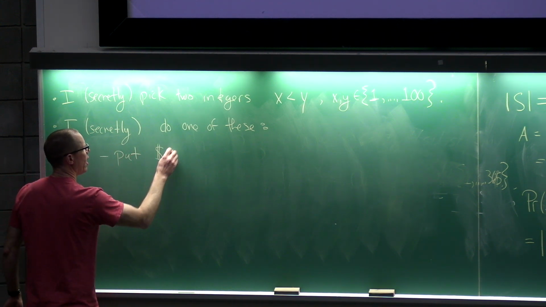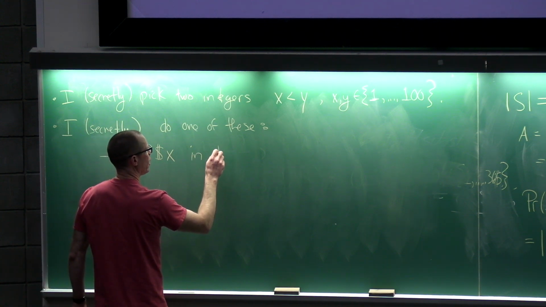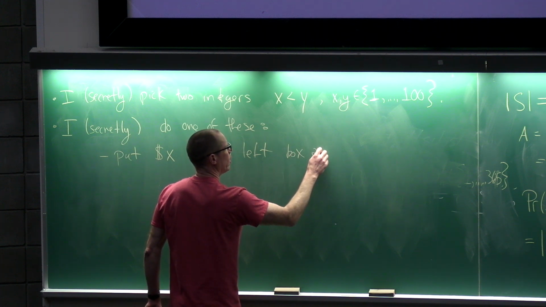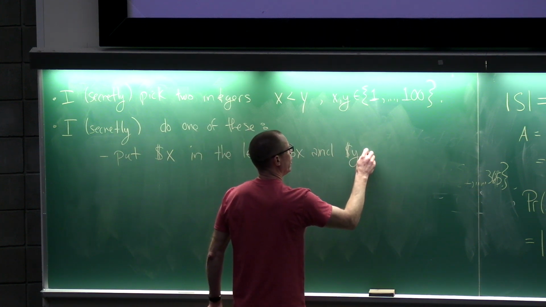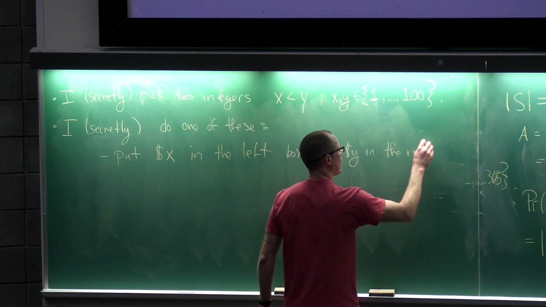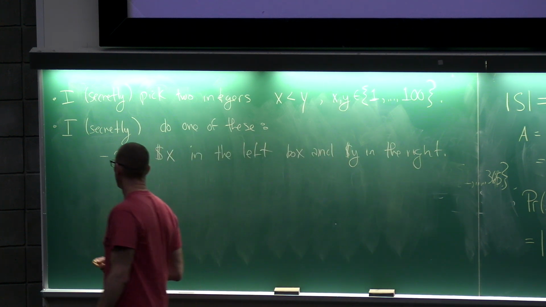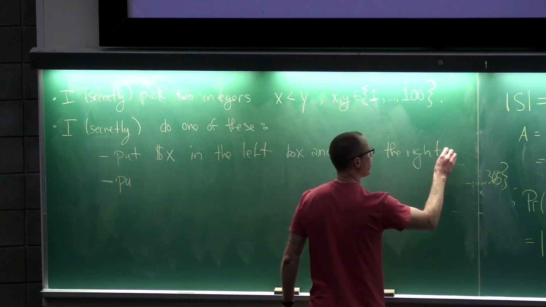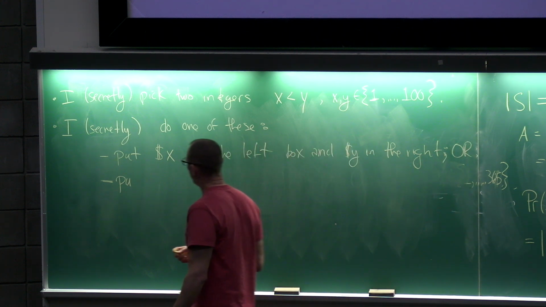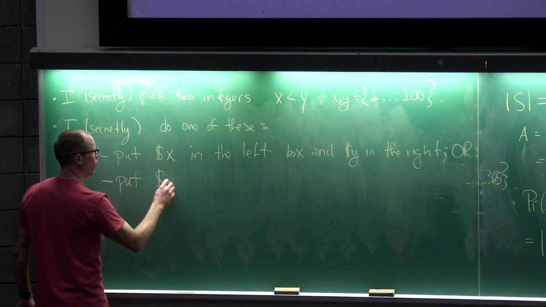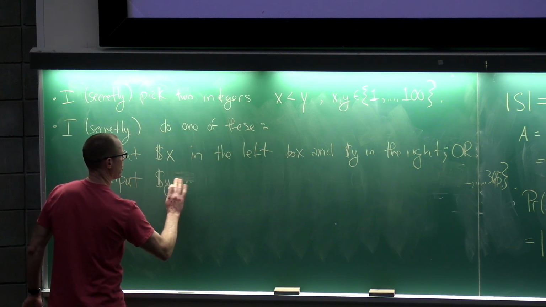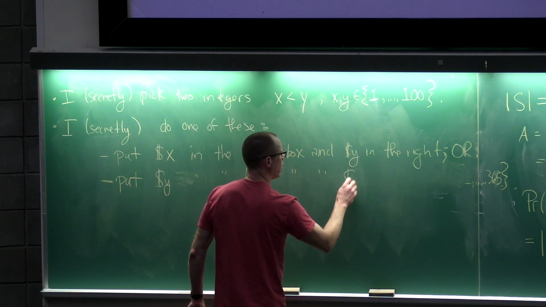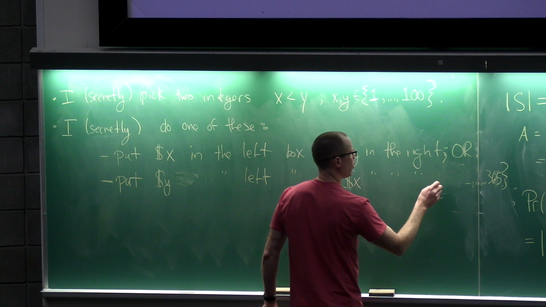Put X dollars in what I'll call the left box, and Y dollars in the right. Or, clear that I only do one of these two things, I put Y dollars in the left box and X dollars in the right.